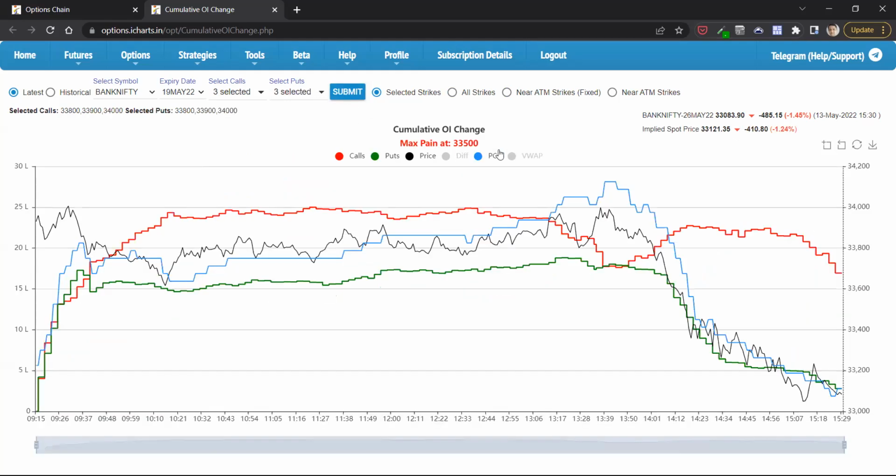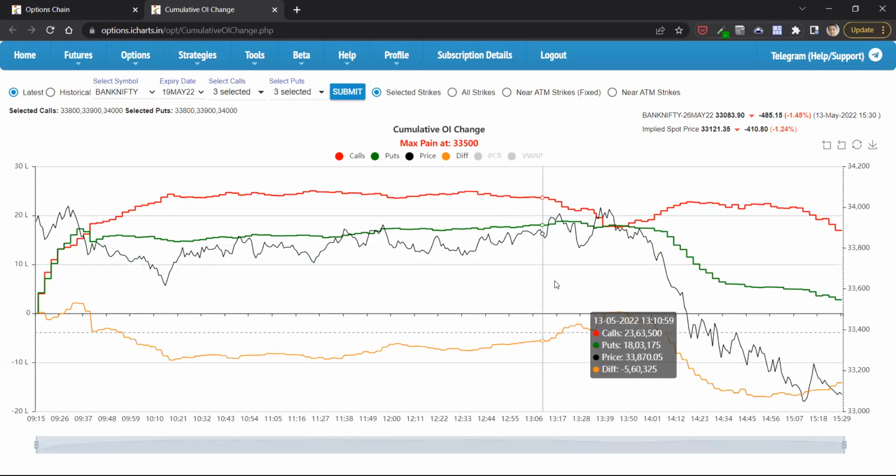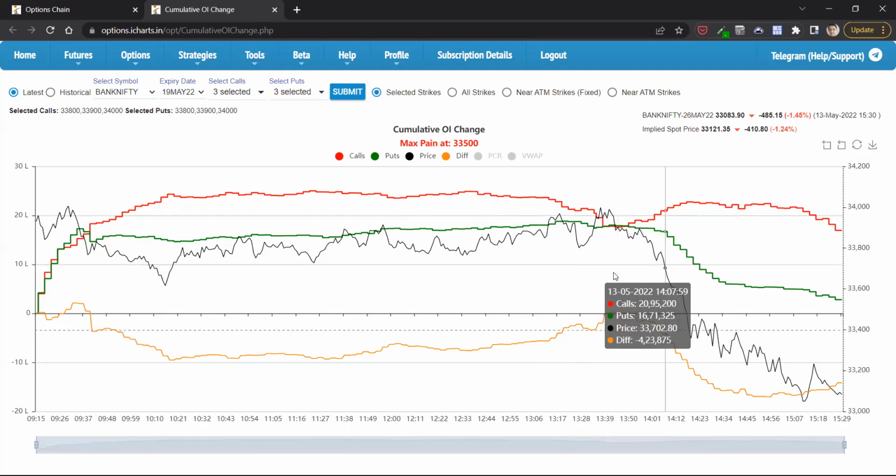So here, if you see, at least the divergence was there, though I will check this in the other tools also, because the other tools might give you a proper picture. If you enable diff and disable PCR, even here it is not very clear.